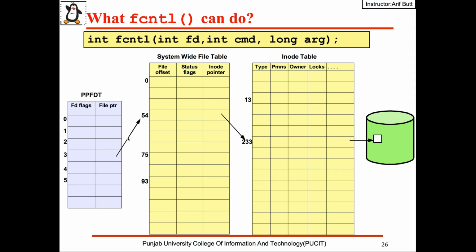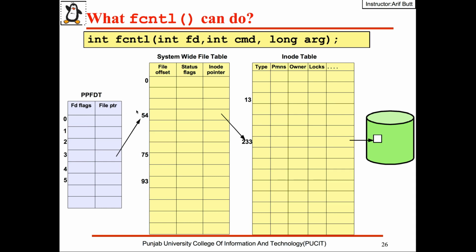And the operations that you can perform on this connection using fcntl are: you can get a duplicate file descriptor of this 3, like the way you have done it using dup and dup2. You can get or set the file descriptor flags in this. Over here you can get or set this flag, and we know one of the flags that is close-on-exec.